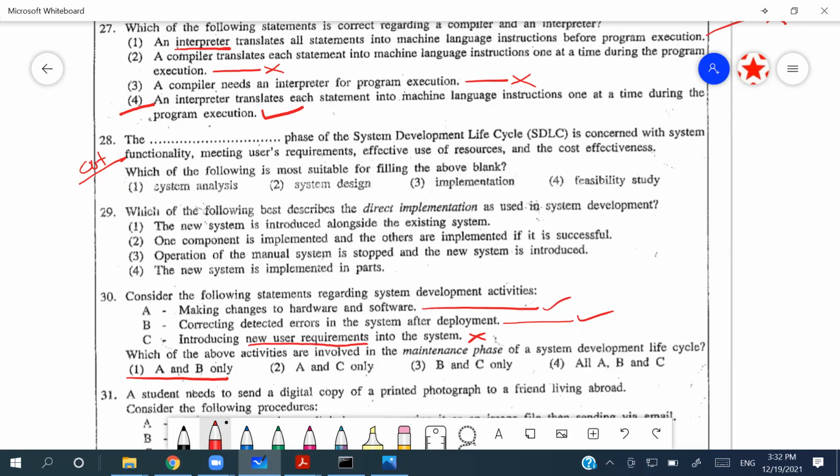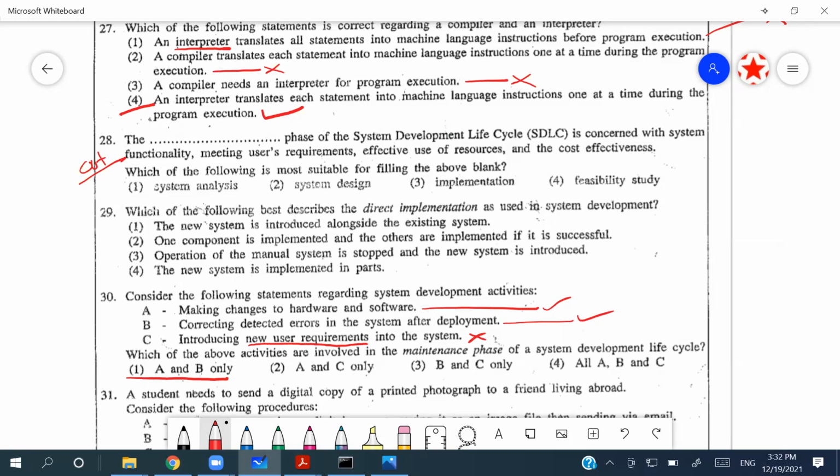No, people. For the 30th, it should be the first one, because a new user requirement means you have to go through the system development lifecycle from the beginning. In the maintenance phase, minor changes can be done. If it is completely a new user requirement, it's going to go through another SDLC, top to bottom, right?